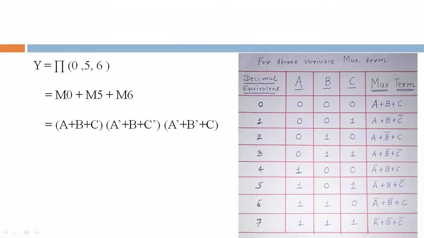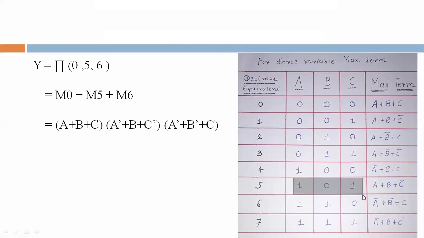Okay, so that's the basics of sum of product and product of sum. And 0, 0, 0 here represents a binary equivalent, and from that we get a decimal equivalent. This is 101.